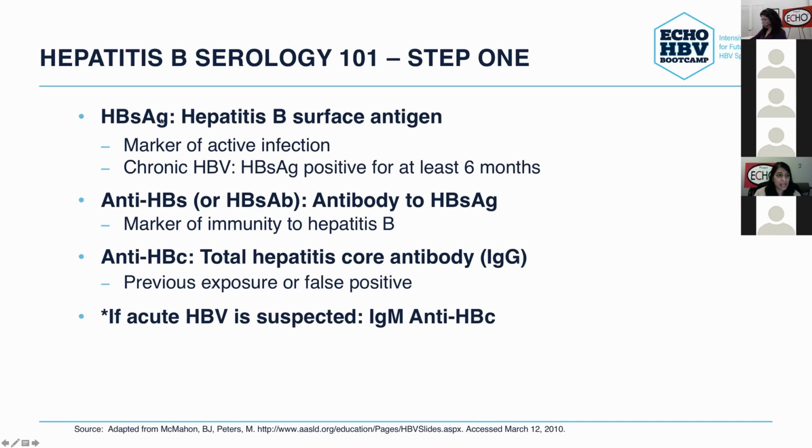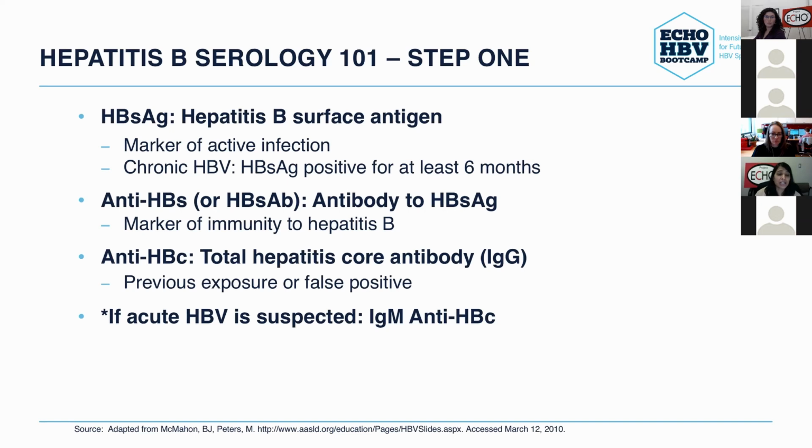Just to recap, Hep B surface antigen, which we abbreviate HBsAg, stands for hepatitis B surface antigen. It's a marker of active infection. If you only had one test out of all 3 that we're going to talk about, this is the most important, as it's the marker for active infection.